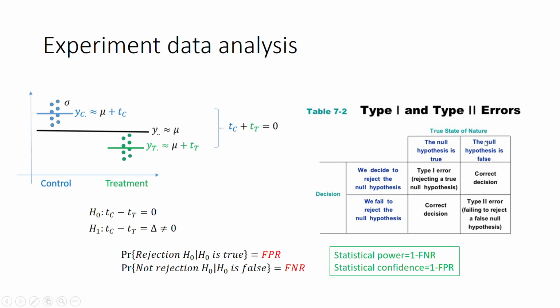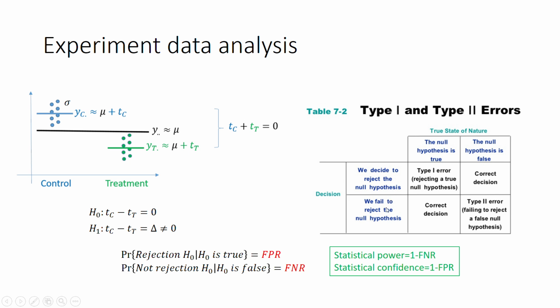Then you collect your data, in the analysis you want to decide whether based on your observations you should reject the null hypothesis. So if you reject it, there is a true difference between the two groups, or you should not reject.